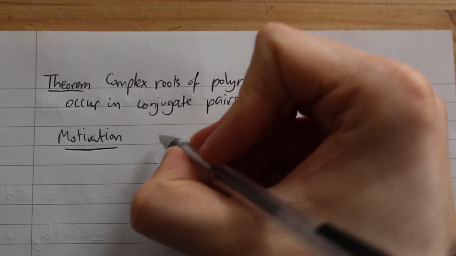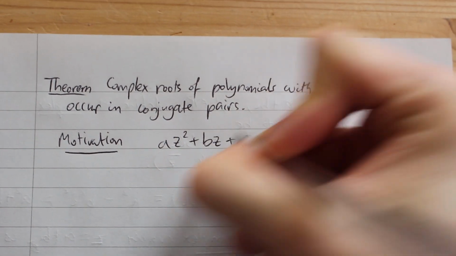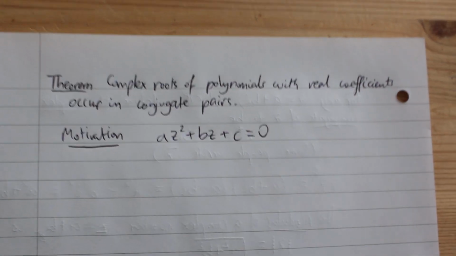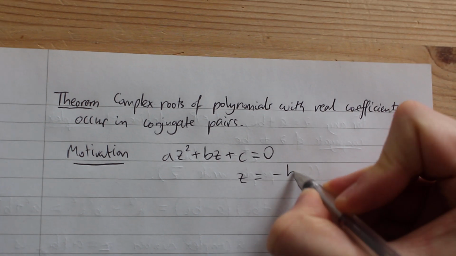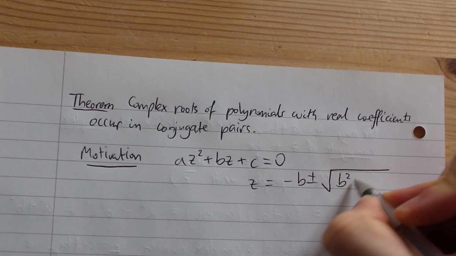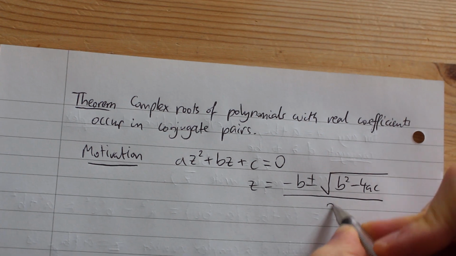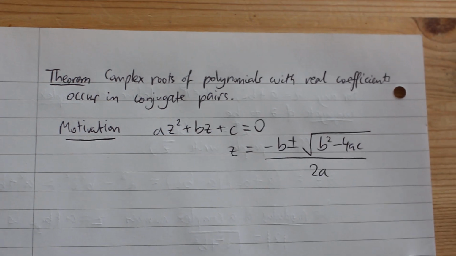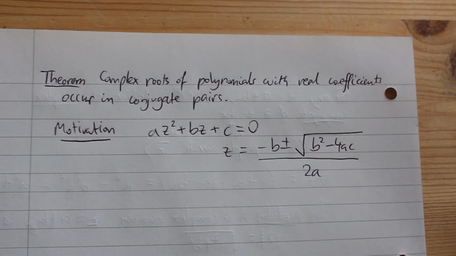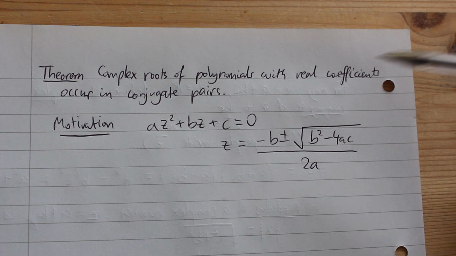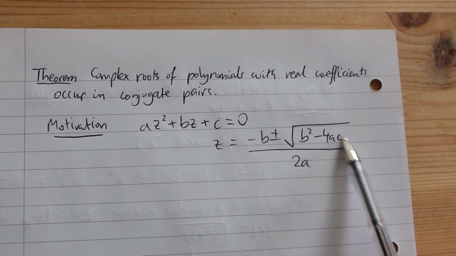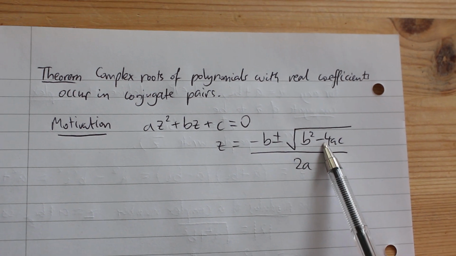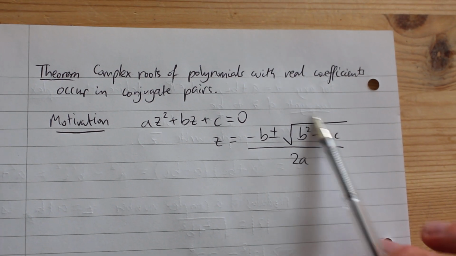If we have a quadratic equation with real coefficients, if this has complex solutions, well, we know the solutions are given by the quadratic formula. So we know if there are two complex roots, they're given by this formula. And we know the only way, because a, b and c are real numbers, the only way this could be a complex number is if the discriminant is negative, and therefore the root of this negative number will be an imaginary number.